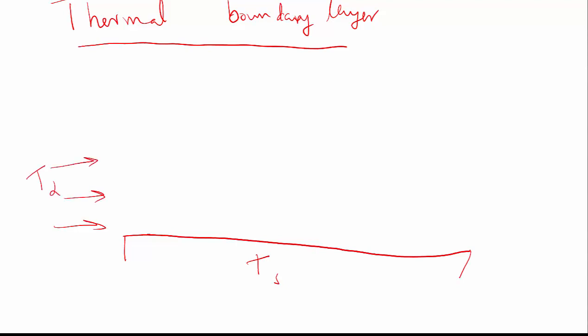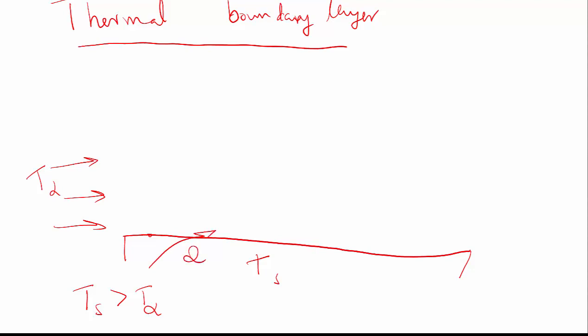Once it reaches the surface of the plate, our assumption is Ts is greater than T alpha, which means the plate is a hot medium and T alpha is the colder medium. Therefore, heat is transferred from the plate to the medium.